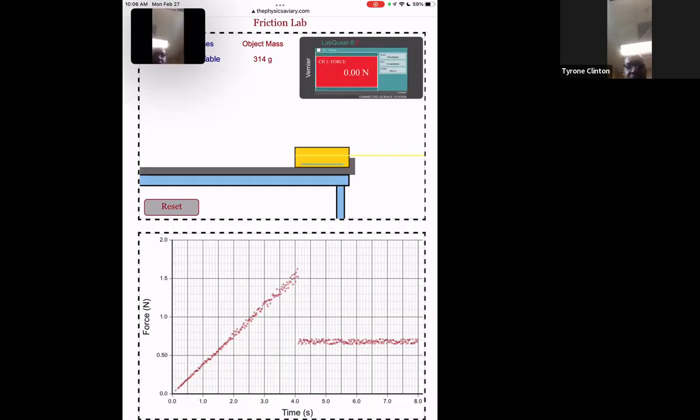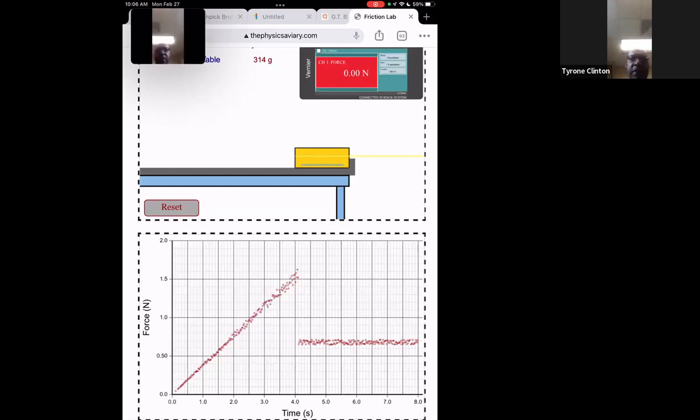Prior to that, this block doesn't move. So essentially what we have here is the maximum amount of static friction in this situation based on the mass and the surface that the block can exert on the surface and vice versa. That's the maximum amount of static friction that the two can apply to one another. So up until then, it doesn't move.